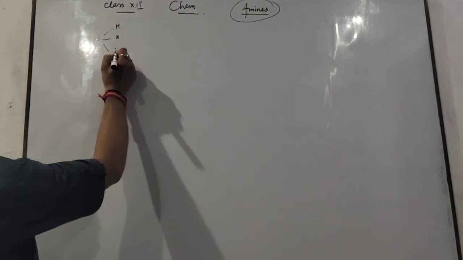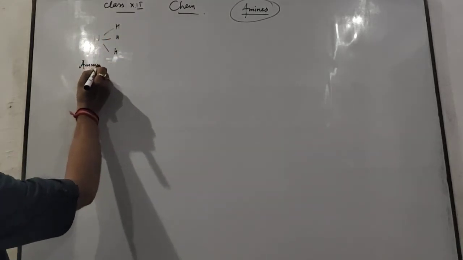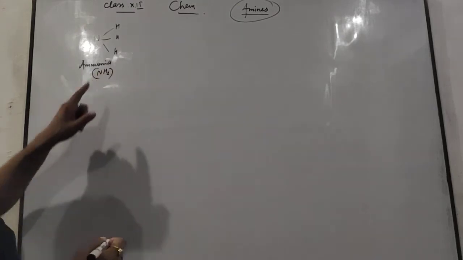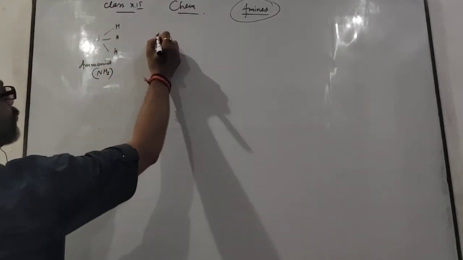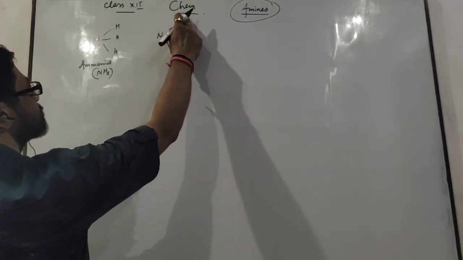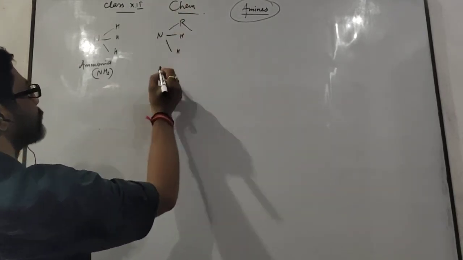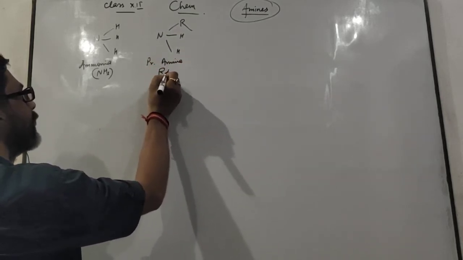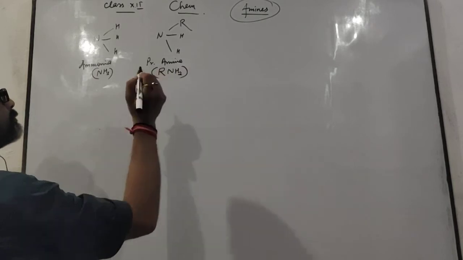NH3. This one is ammonia, NH3. If one hydrogen of this ammonia is replaced by an alkyl group, this one R is the alkyl group, then it forms primary amine, RNH2.